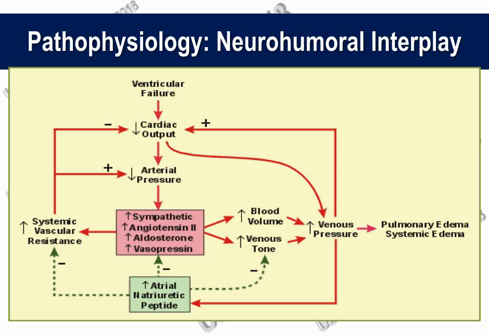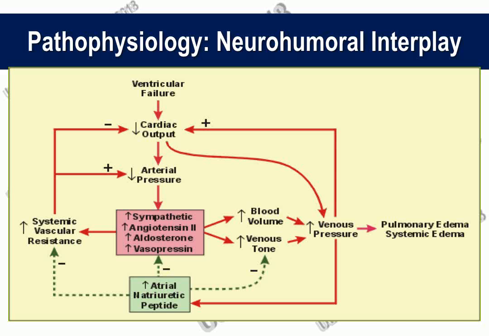Now, in your pathology and in the different chapters in your Harrison, there is a very complicated explanation as to the pathophysiologic mechanism for heart failure. And it all basically boils down to what we call neurohumoral interplay.